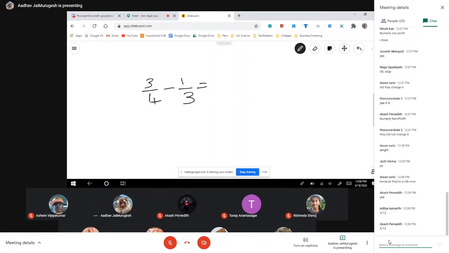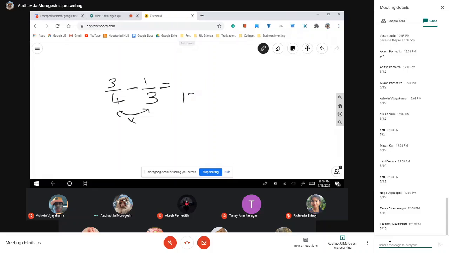Okay, I see two answers so far, and they're the correct answer. I think all of you got it right. Let's work on how to actually do it. Step one is multiplying the two denominators, which gives 12, our denominator.